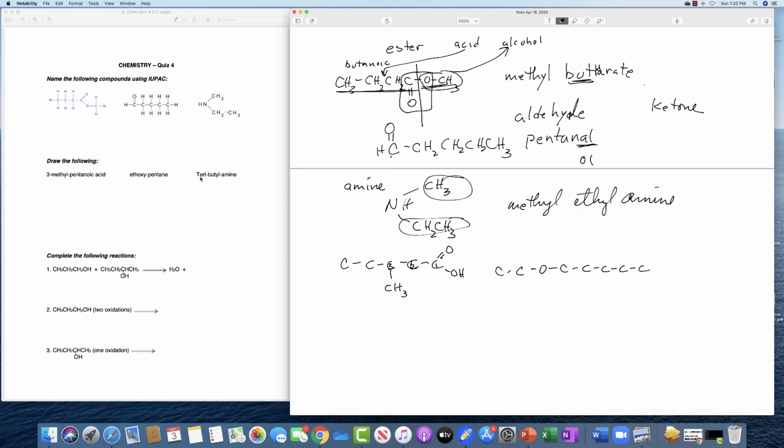Now, this tert-butylamine, amine, first of all, is NH2, and attached to this is a tert-butyl group. And the tert-butyl group looks like this. It's all the carbons around it like this. And this is to distinguish from one that might look like this, or one that might look like a straight chain of carbons.